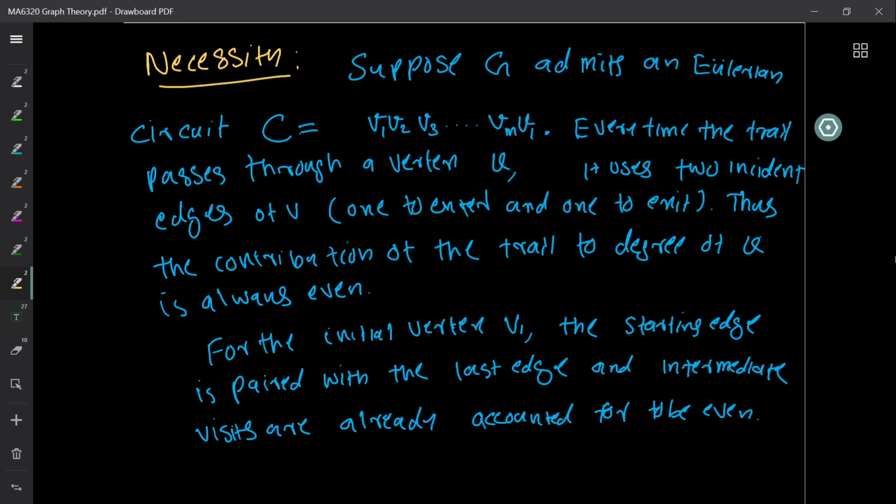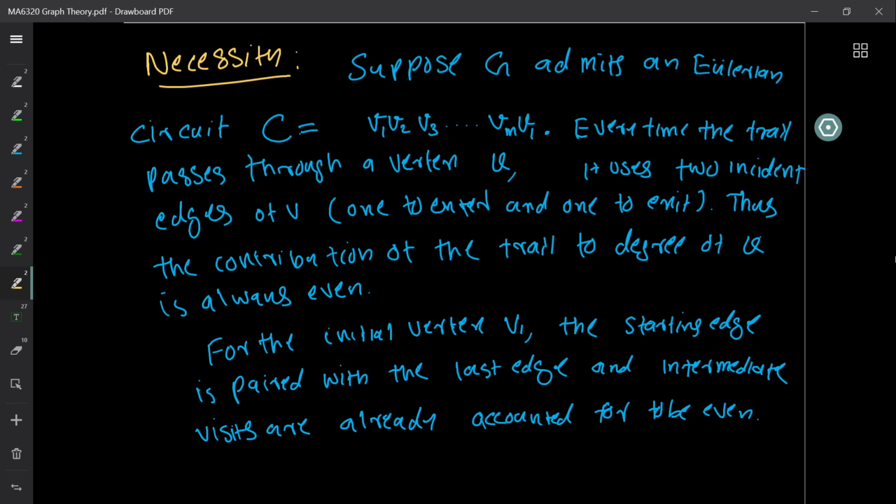So first we prove the necessity. If G admits an Eulerian circuit, let's say C equal to V1, V2, etc., Vm, V1, then every time the trail passes through some vertex, let's say V, it uses two incident edges of V. If I go from Vi to V and then V to Vi plus 1, these two edges have been used, and because it is a trail, we will never use these two edges again.